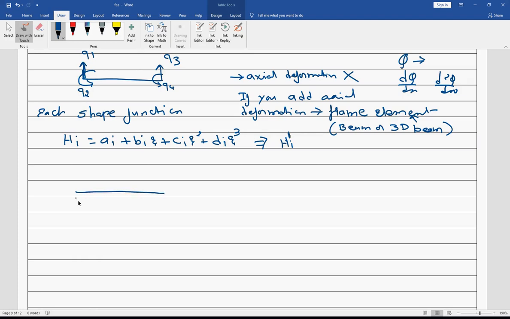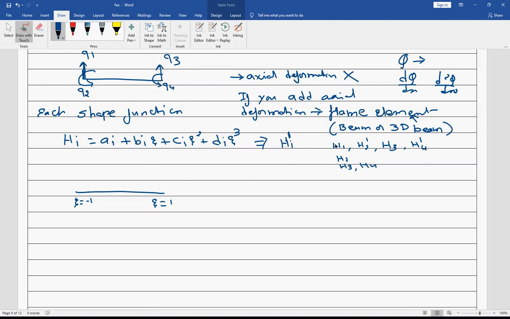Okay, so this is 1. So 1 means xi equal to minus 1, xi equal to 1. So I have h1, then h2 dash, then h3, and then h4 dash. Okay, so basically I will be requiring h1, h2, h3, and h4, but I will require h2 dash and h4 dash because I'm representing in terms of derivative.